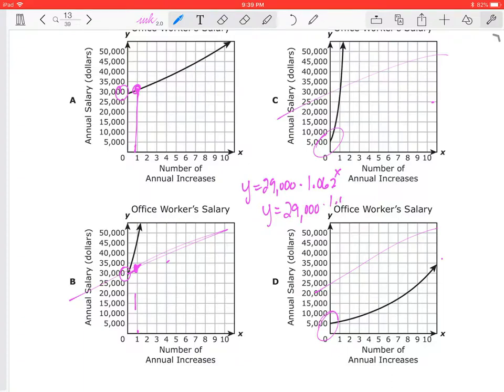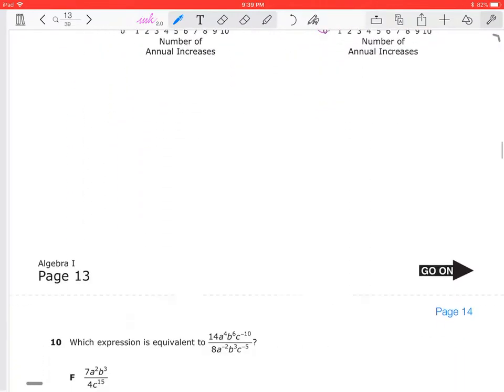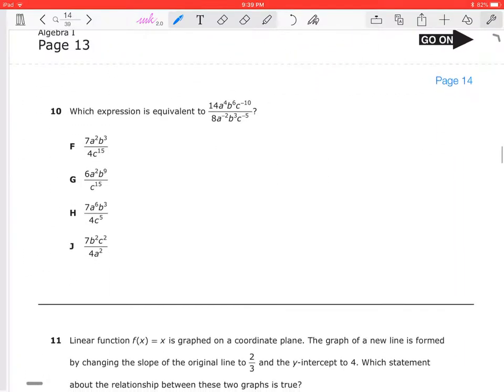If we write y equals 29,000 times 1.062 to the power of 1, that gives us 30,798, which is actually close to where it's at. So our answer choice is, in fact, A.